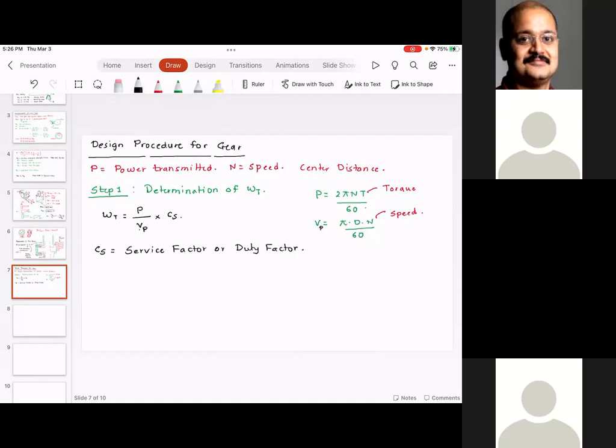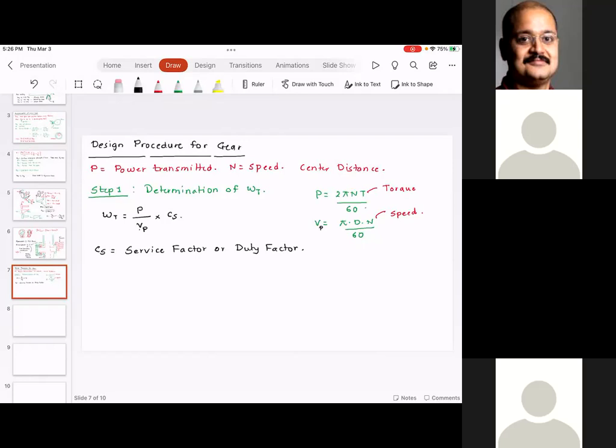Now, what do we mean by service factor or duty factor? Whether the power transmission is continuous, intermittent, or includes shock load, if it's a medium duty, heavy duty, light duty, the service factor depends upon that.